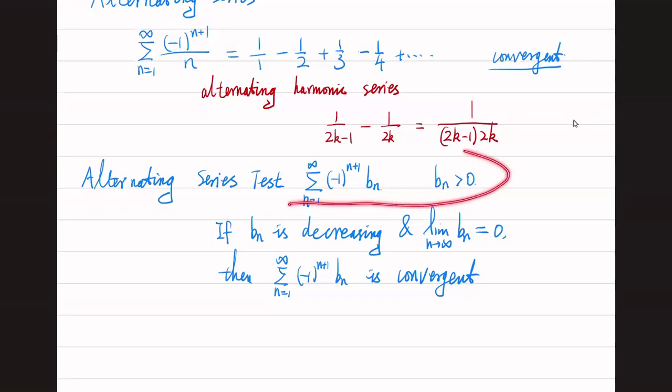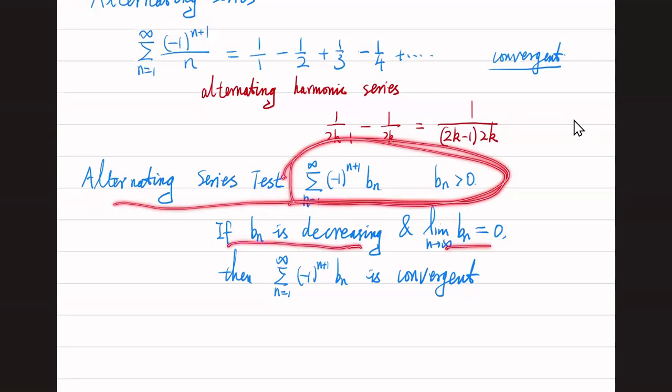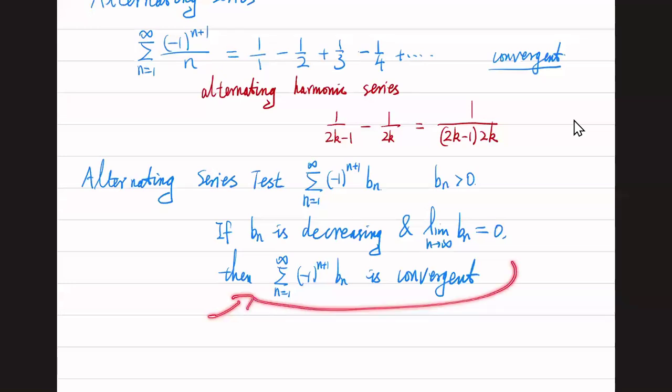If we are dealing with the alternating series, in this case, if the sequence is decreasing and goes to 0, it must be convergent. This is very different from the divergence test.